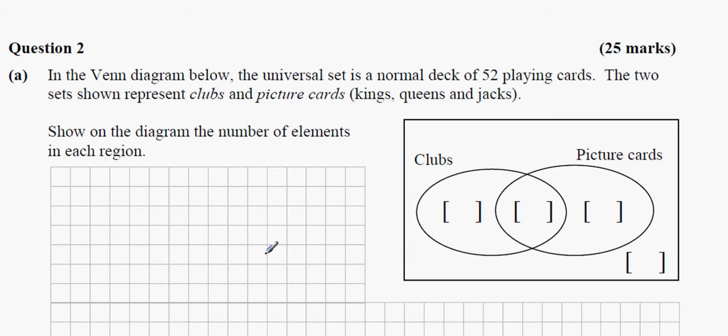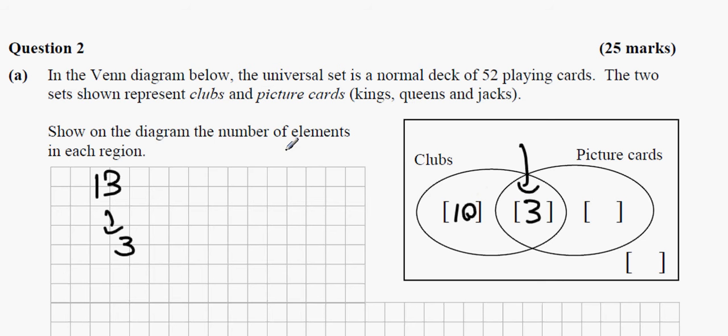Always start in the middle, we have clubs and picture cards. In the 13 clubs, there's 3 picture cards, which we'll put 3 here. Now that 3 of them are in use, there's 10 clubs remaining, so it adds up to the 13. That's 10 and 3 is 13.